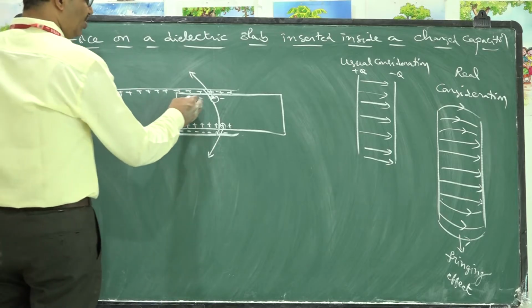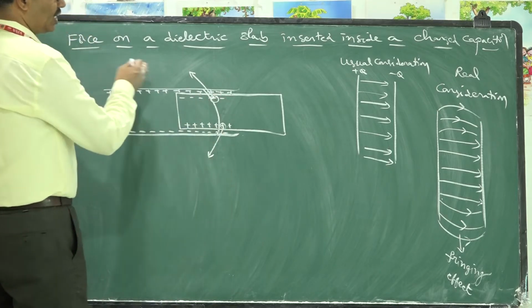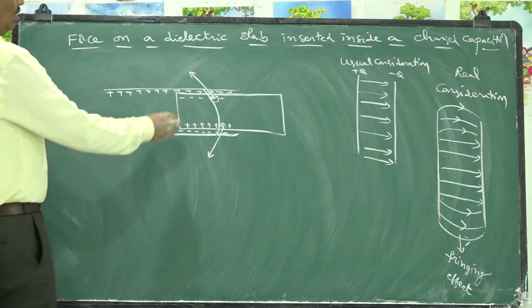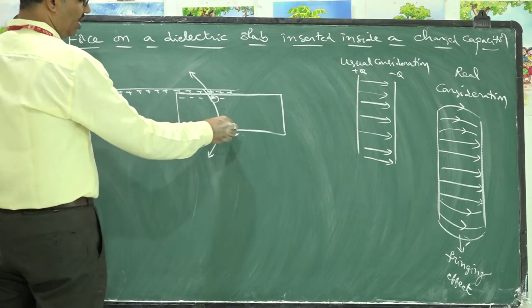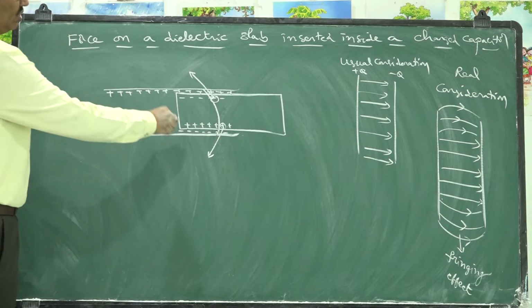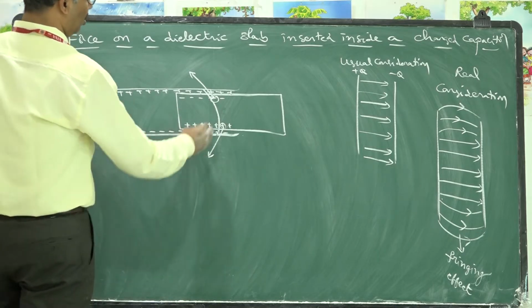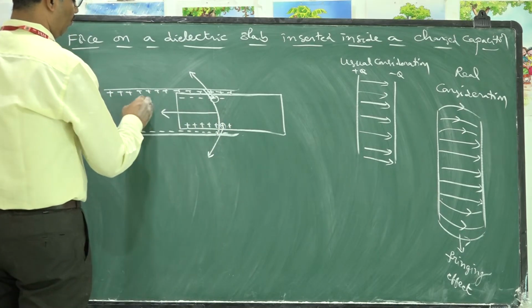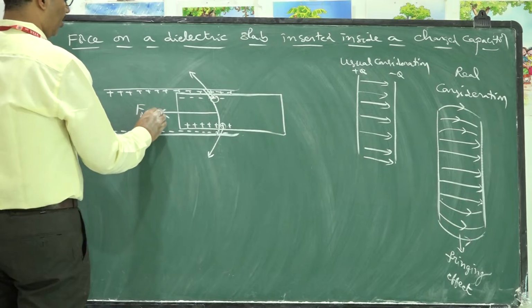So each and every charge available inside the dielectric is experiencing a force nearer to this edge in this direction. The net force will be in this direction, resultant of these two.